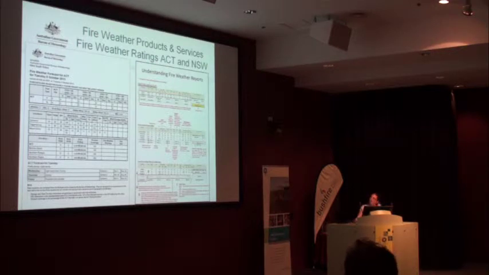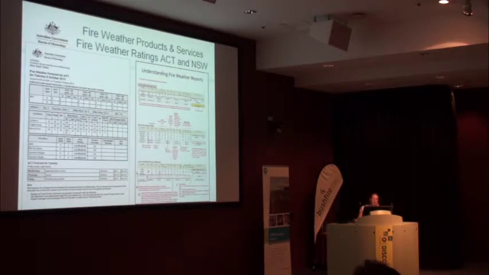So we still kept point location information for the points that people were used to using to make their decisions from, but we're also now moving to an area-based rating system, and you're probably all familiar with them, and those of you who work operationally are seeing these every day. So that's the general routine that we go through to produce the ratings each day.